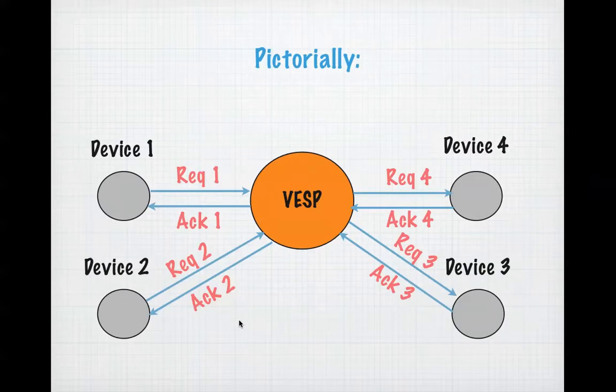Pictorially, we can view the process of interrupt as an action that takes place between a central processing unit such as our VESP and a set of devices such as these four devices in this example. A device, when it wants to receive a service, requests that service from the processor and in return receives an acknowledgement in case that service is providable to that device.